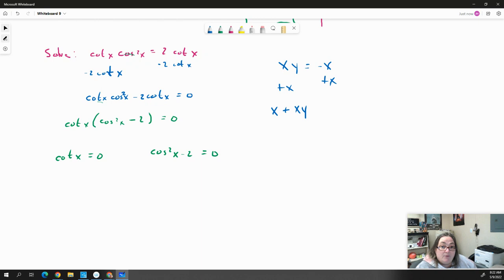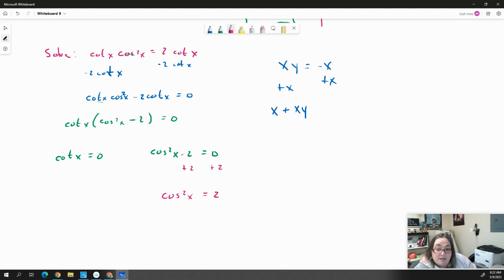But the second part, we have a little work to do, because I have to isolate this cosine squared of x before I can know what the actual solution is to make the whole thing equal to 0. The way we do that is we add 2 to both sides, and then we have cosine squared of x equals 2.